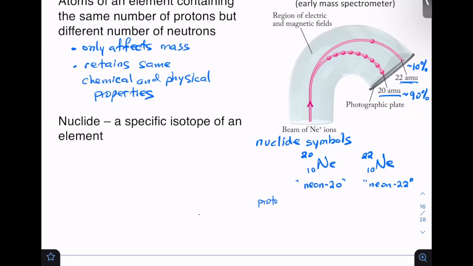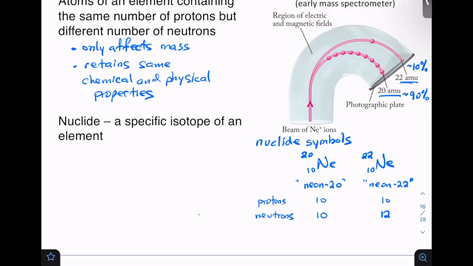If I were to write the number of protons, they each have 10 protons. How many neutrons are there in neon 20? There are 10. Very good, because they add up to 20. How many neutrons are there in neon 22? There's 12. And how many electrons are in either of these? There's 10 electrons because these are neutral, as I'm drawing them here.